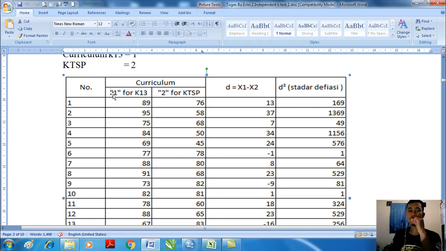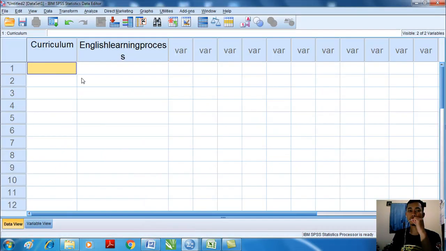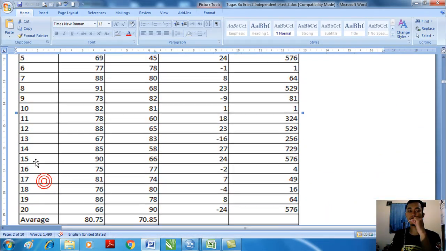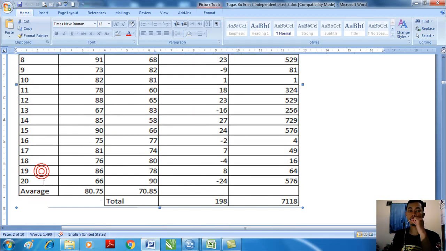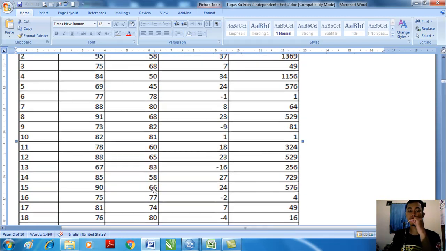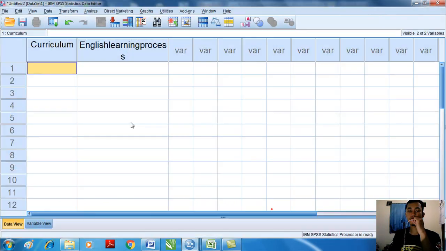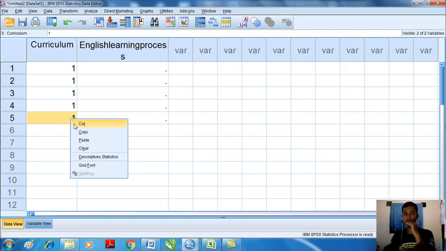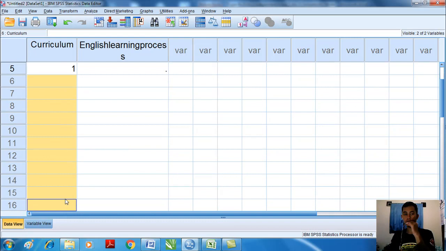Now first we come to value 1 in the curriculum. Type value 1 until 20. Type 1, 1, 1, or you can copy it. Copy until 20.